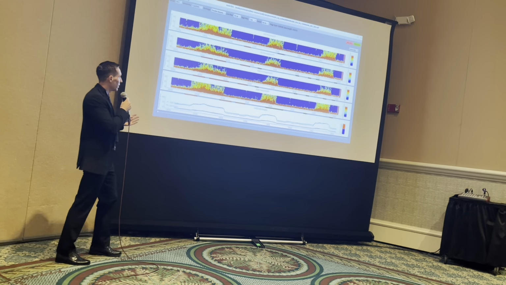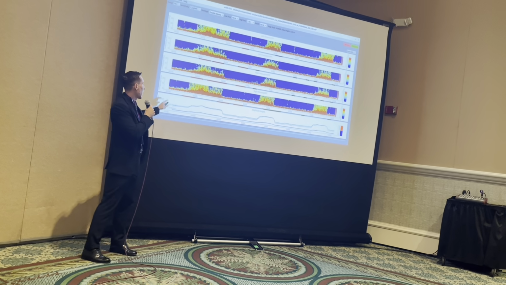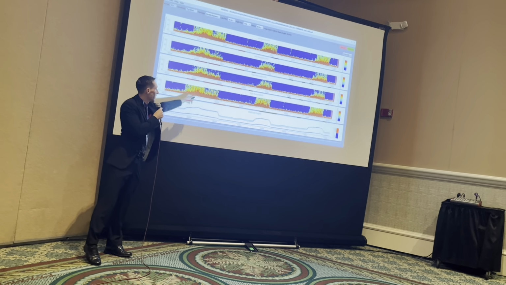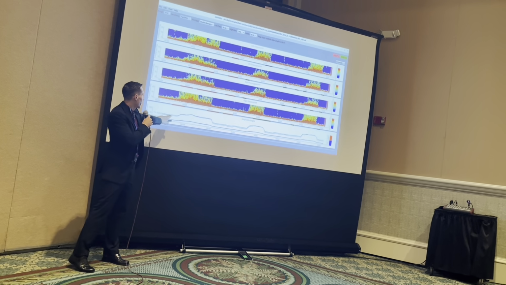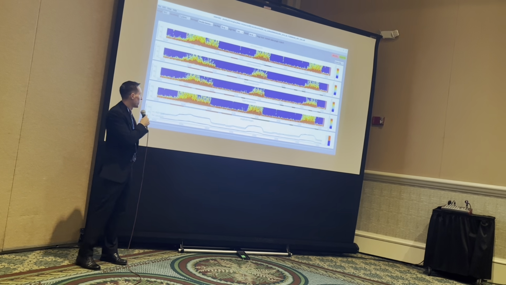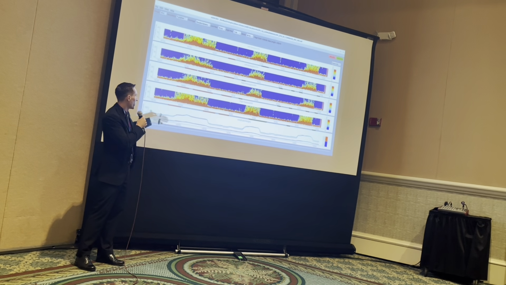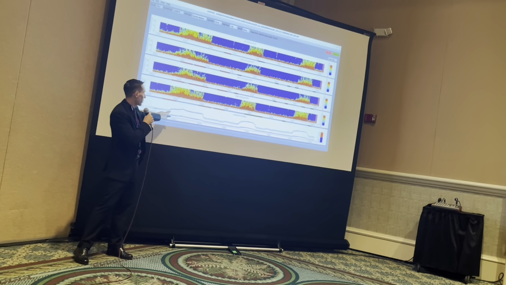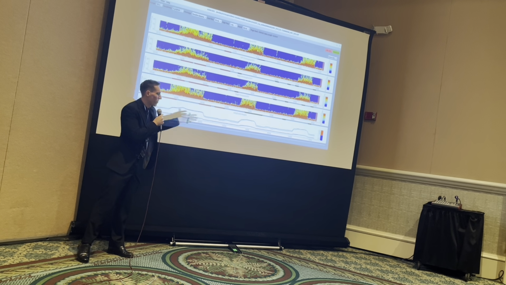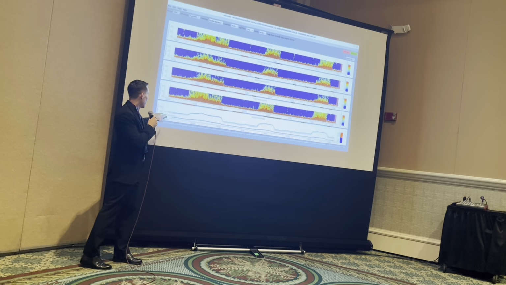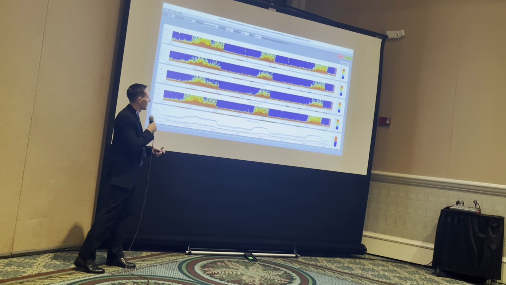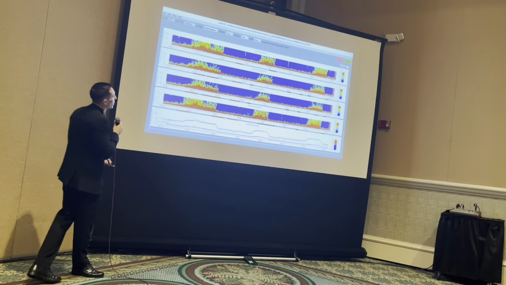Not only do the seizures happen with an increase in frequency and evolution, they also increase in amplitude as well. So the amplitude on both sides of the brain goes up, and then after the seizure, it makes sense for the amplitude to go back down and be suppressed as it was before.